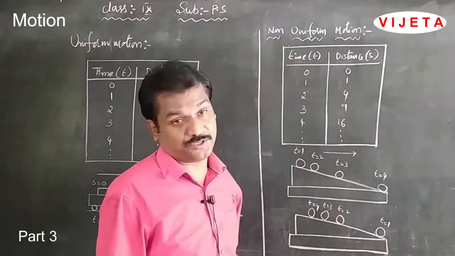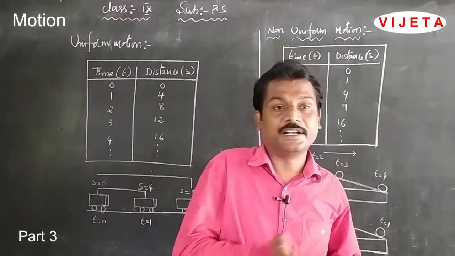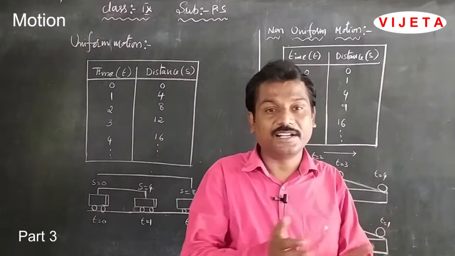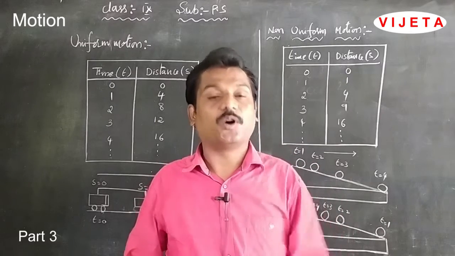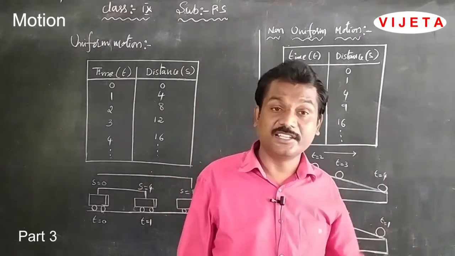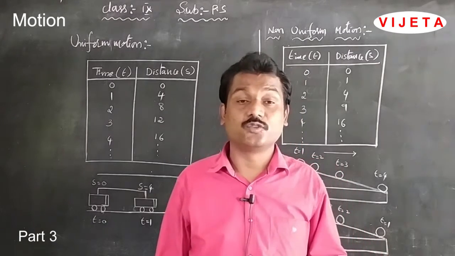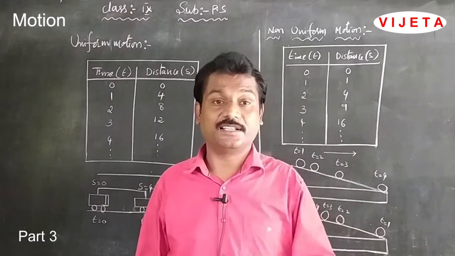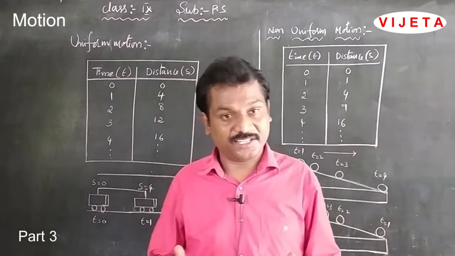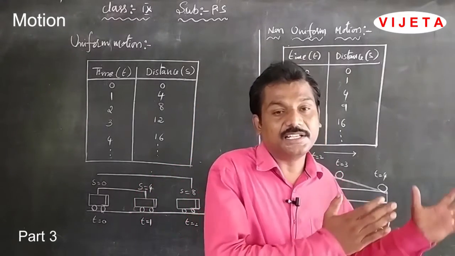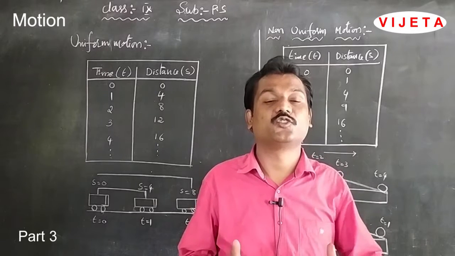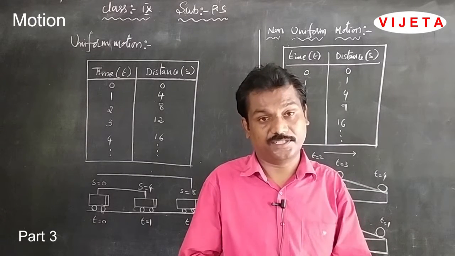In a non-uniform motion, a body has either increasing velocity or decreasing velocity. If a body is traveling with either increasing or decreasing velocity, then the body is said to be traveling with acceleration. Students, if the body is traveling with increasing velocity, it is said to be traveling with positive acceleration.